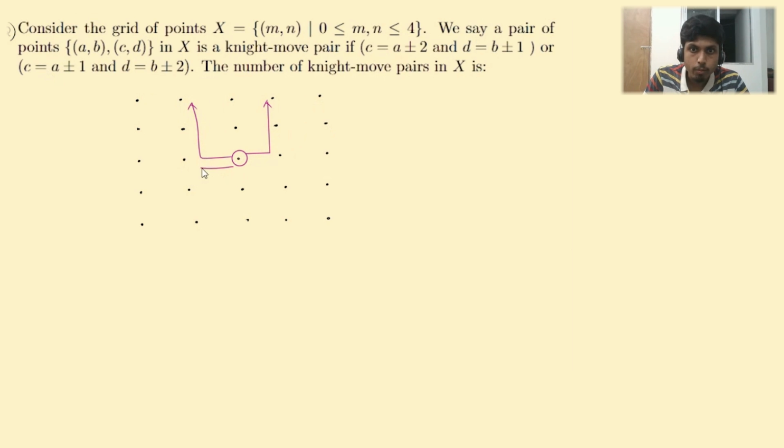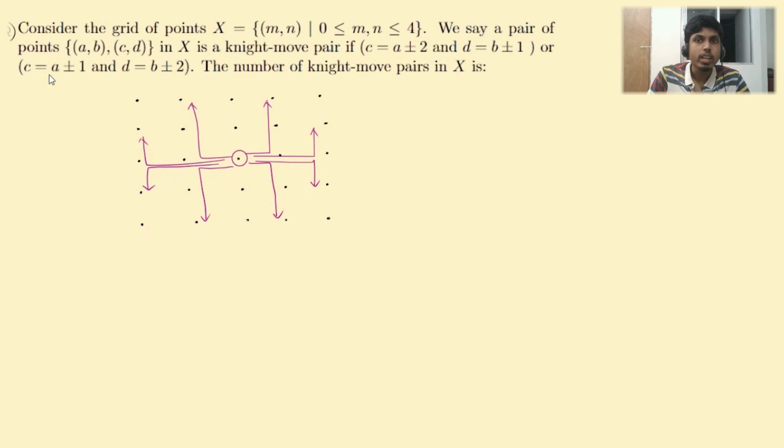For people who are familiar with knight moves, this question is actually an intriguing one because you are already familiar with these. So these are the possible 8 moves for a knight in chess.